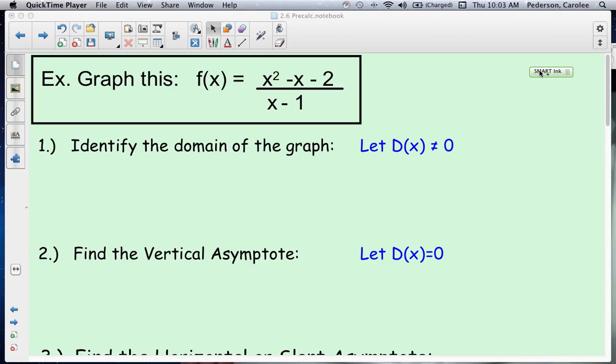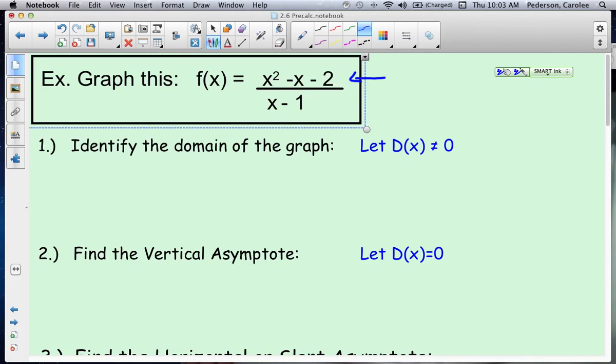So we have our polynomial in the numerator. And we have our polynomial in the denominator. So we'll start with the denominator, and we'll find out what the domain restriction is. So we set the denominator not equal to 0. So what will be our domain here? All real numbers except for what?